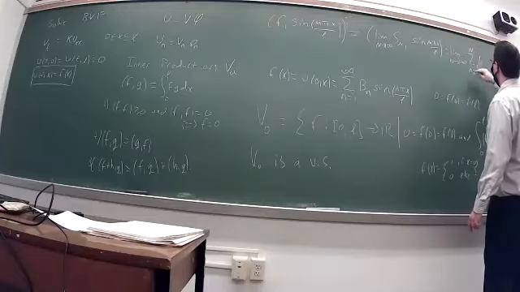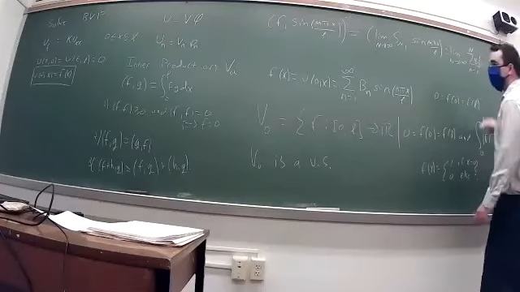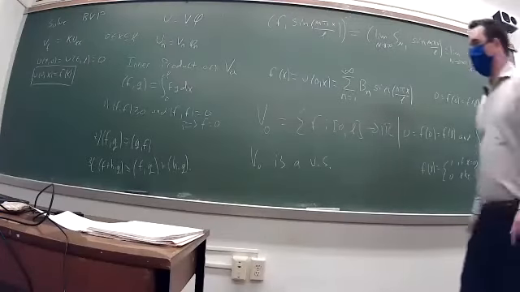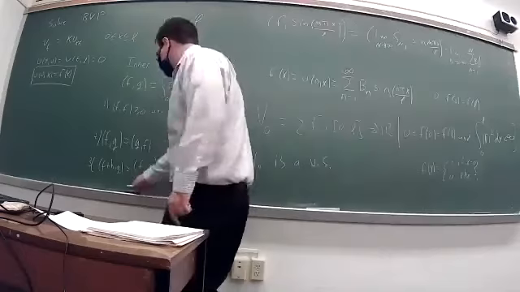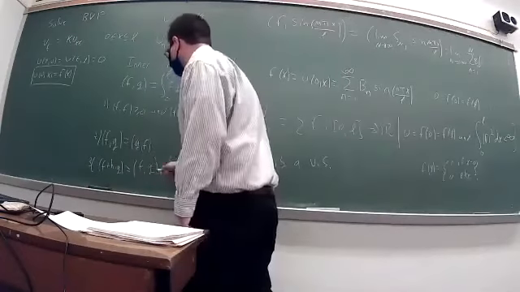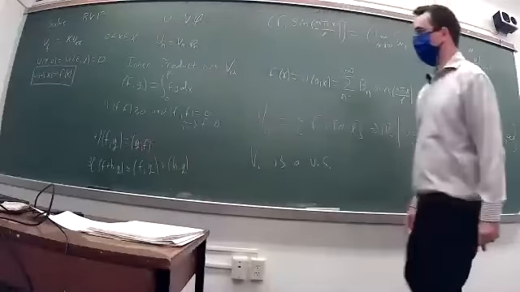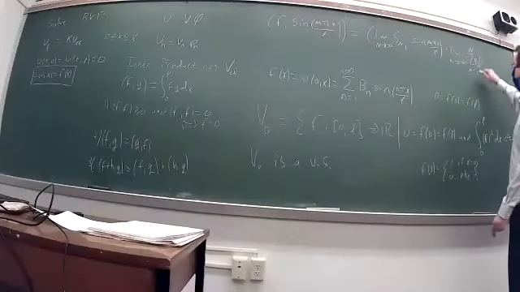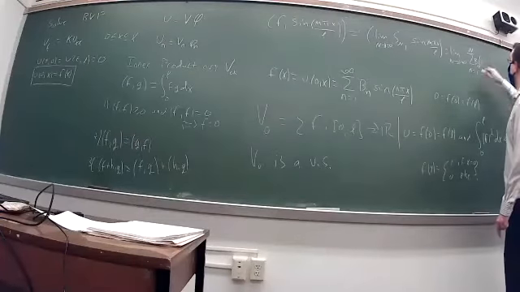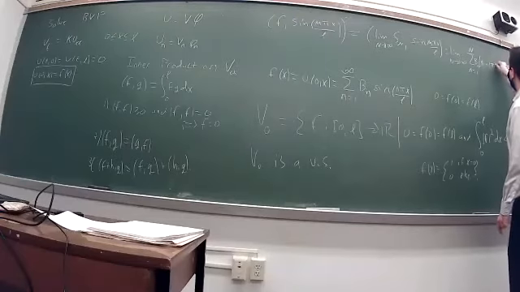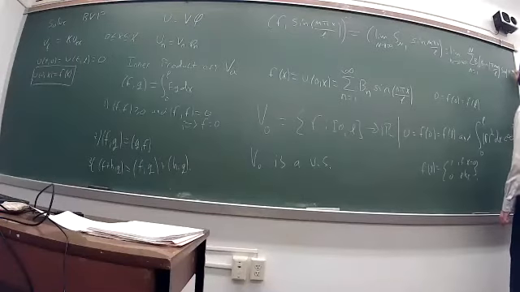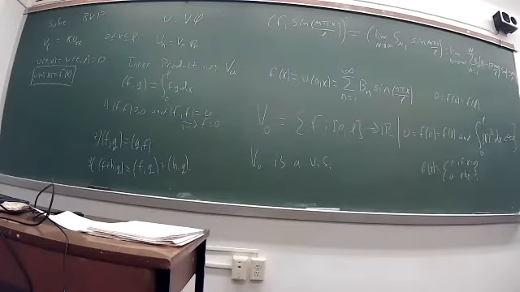Pull out the constant b sub n. So yeah, linear, and the other part of linearity is that you can pull out a constant, right? So constant times f inner product with g is equal to c times the inner product of f and g. So I can write this as b sub n times the inner product of sine pi n x over L with sine pi m x over L. Which looks like it's not going to be helpful at all.